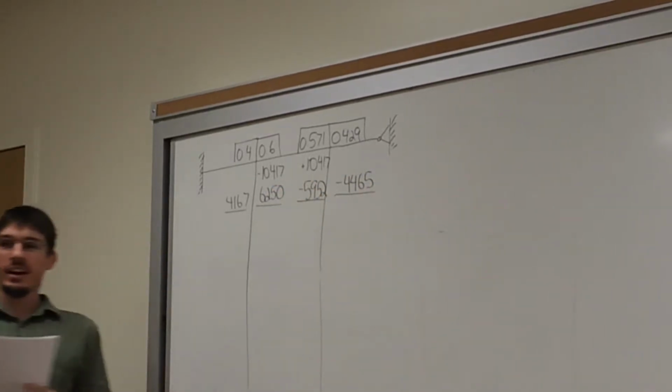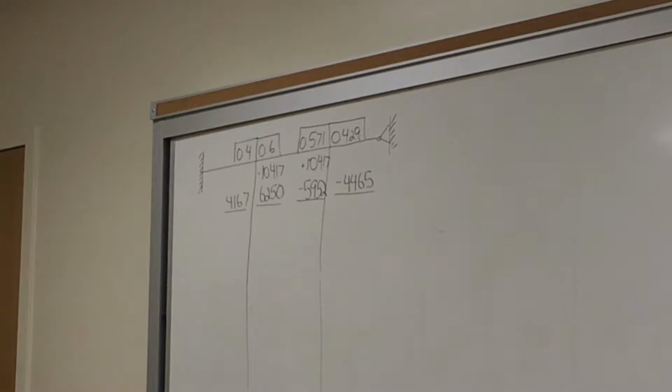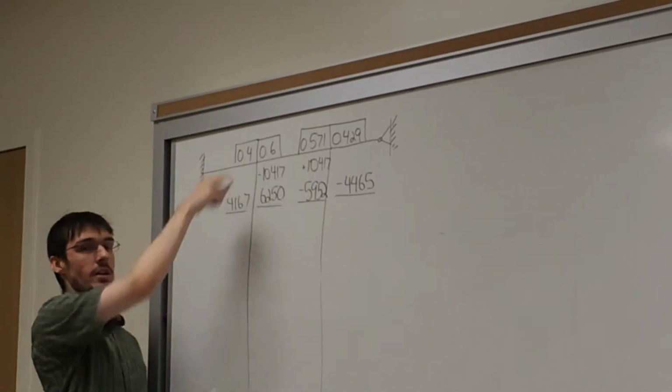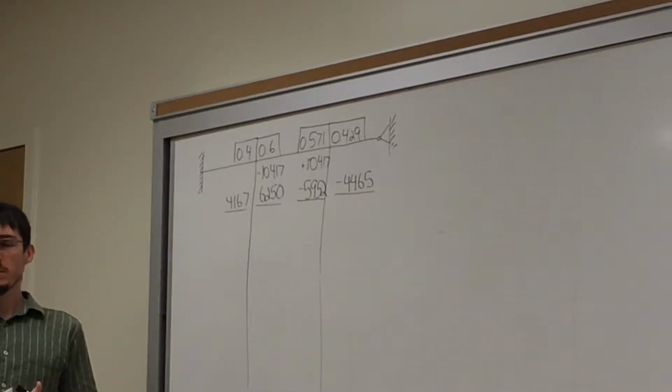I like drawing a line under each of these numbers when we know we have equilibrium. So the sum of forces above that line, if we look at this joint, is going to be equal to 0. This is what we expect.